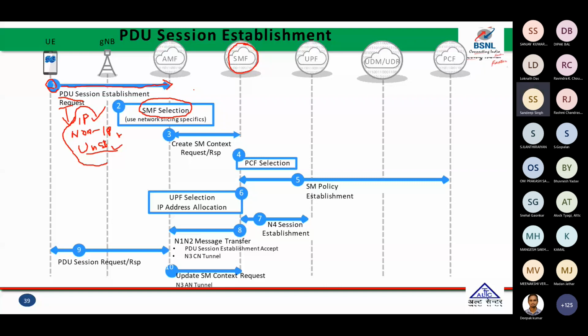So SMF selection is done by the AMF because the AMF wants to communicate with the SMF responsible for the PDU session establishment. They select the SMF by using the slicing and with the help of the NRF, Network Repository Function, right?